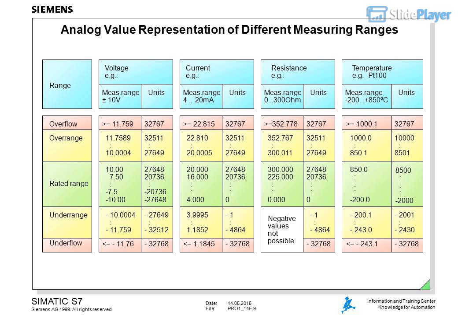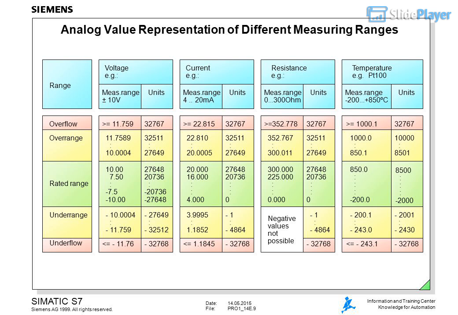Units: 32,767, 32,511, 27,649, 27,648, 20,736, 1, 32,768, 4,864.